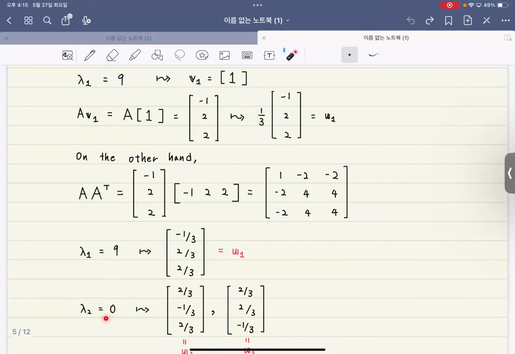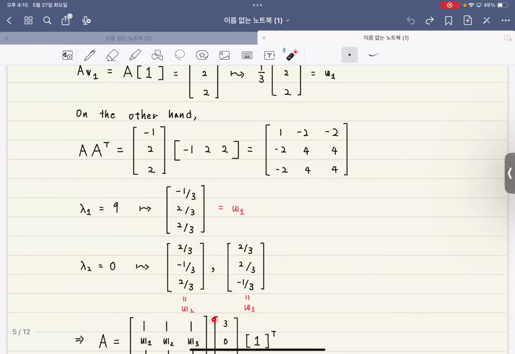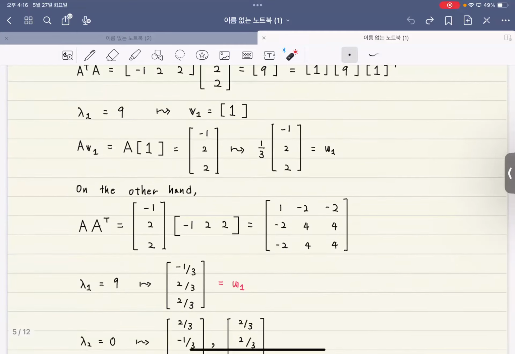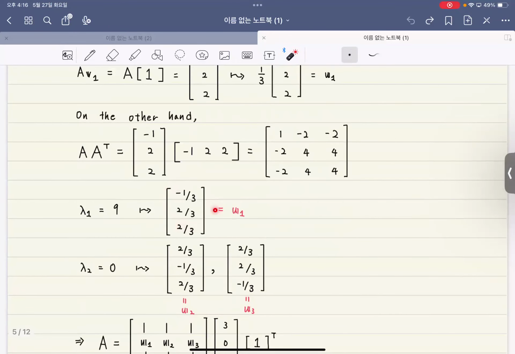But for eigenvalue 0, we have two orthonormal eigenvectors that span the eigenspace of 0, right? But this is also very clear because the rank of this matrix is 1. So we have one non-zero eigenvalue and two eigenvectors of eigenvalue 0.